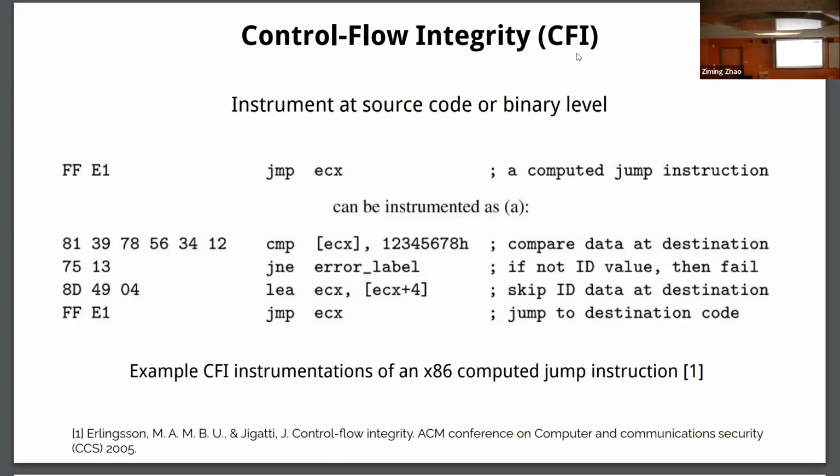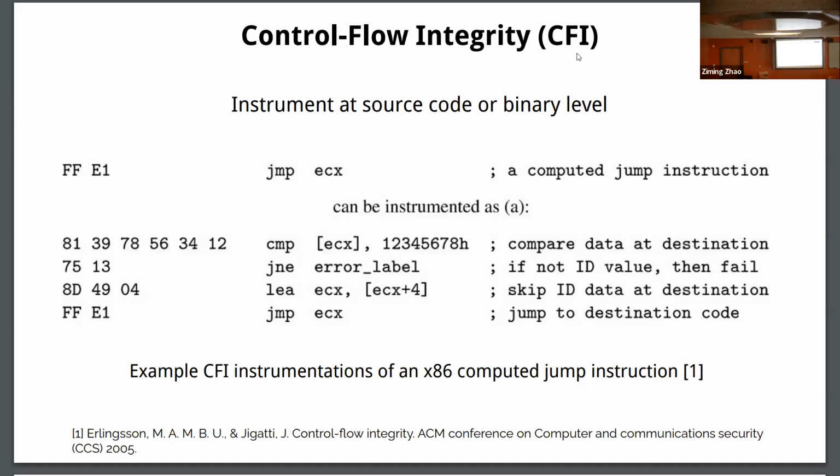Imagine this is a random number, a very random number. When you compile this program, those target addresses get instrumented, inserting a random number in front of the target address.